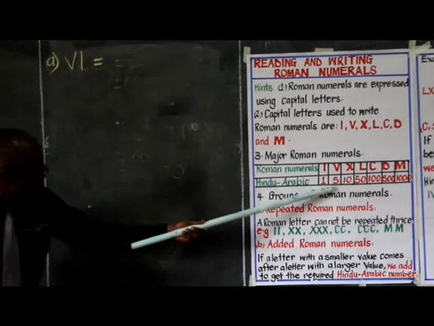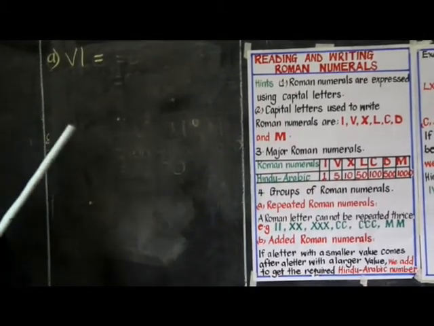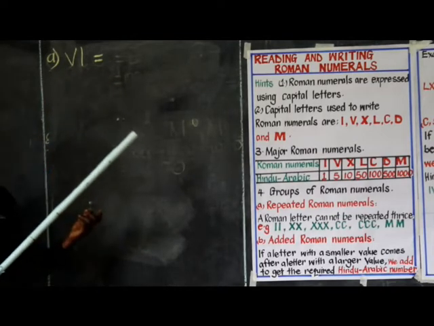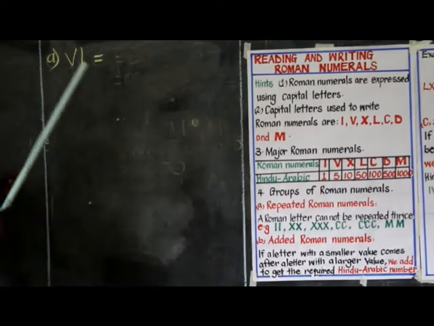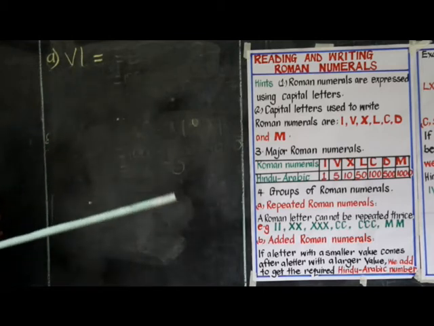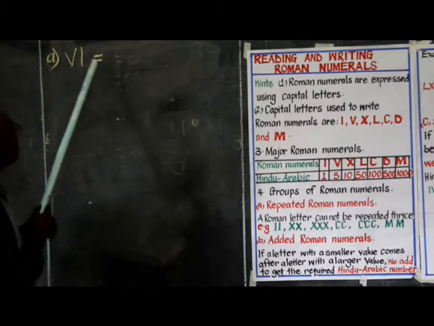V is 5 and I is 1. When you look at the Roman numeral given, you look at the letters used. If a letter of a higher value is written before a letter of a lower value, it means you are going to add to get what is meant by that.